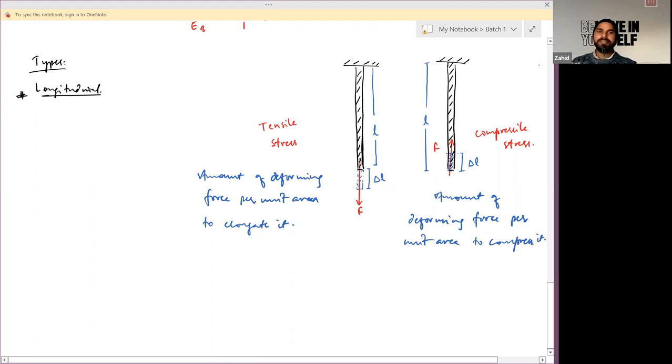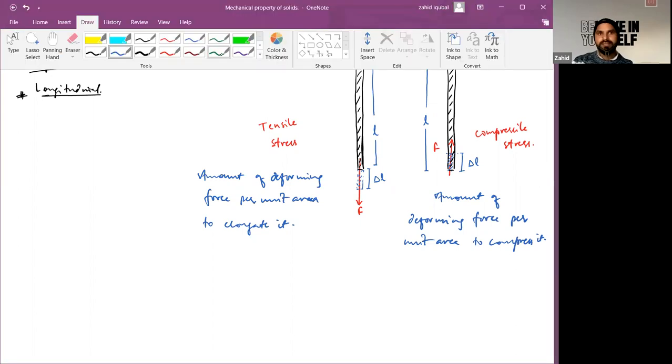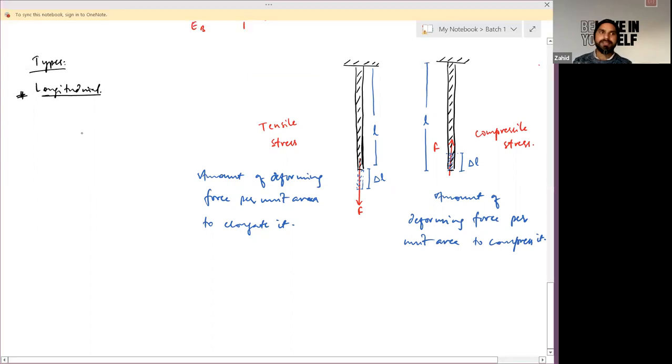Both these terms act along the length itself, so combinedly it is called longitudinal stress. So we define longitudinal stress as deforming force over area of cross-section.